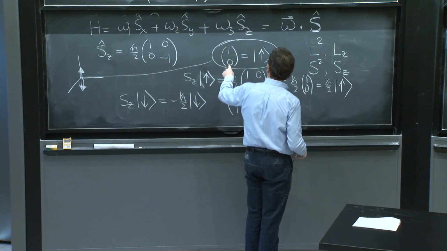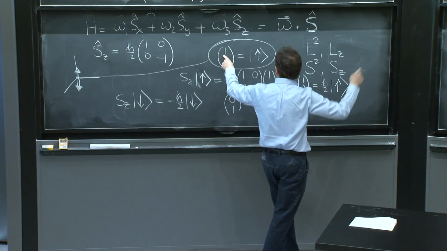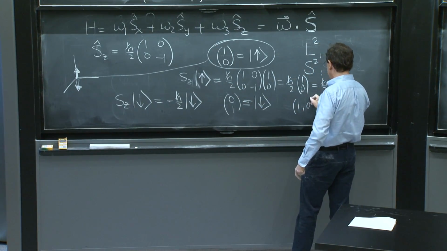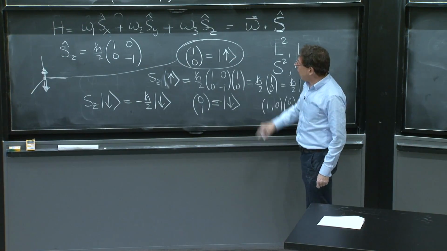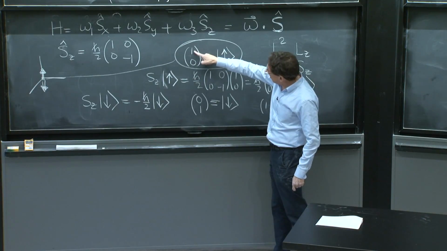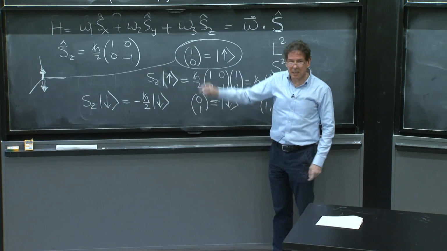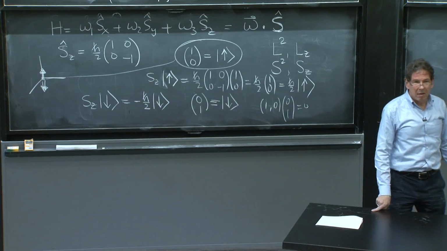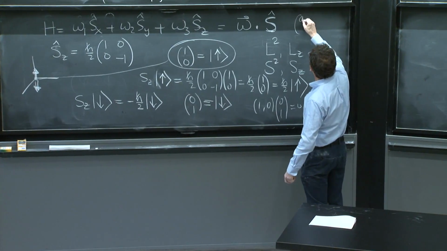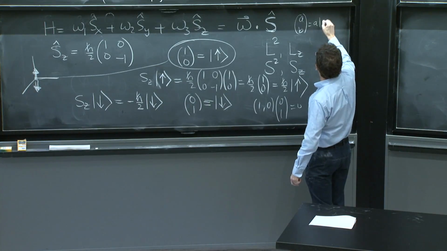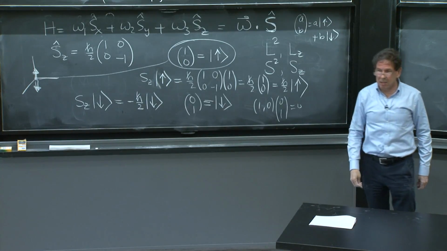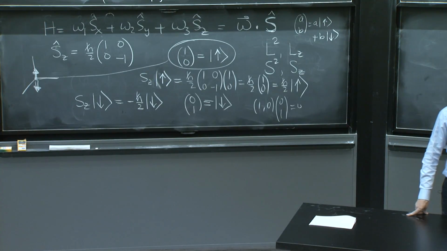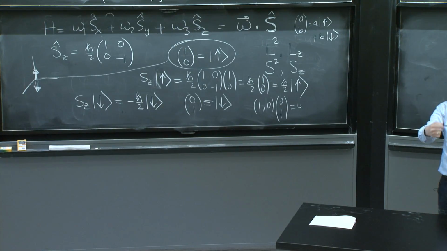You do the inner product, transpose this, you get this times that. So they are orthogonal, and as you imagine, this vector plus this vector is a full basis for the vector space, because the vector space is (A, B), and now you see that this is A times up plus B times down. So anything is a superposition of up and down. So how do I ever get something that points along x, or something that points along y?